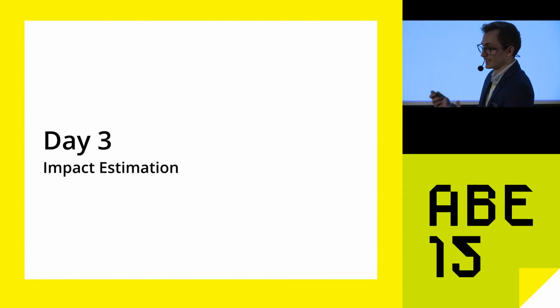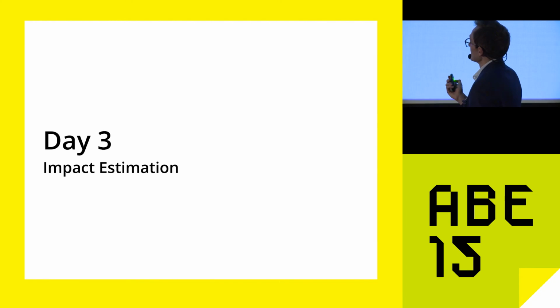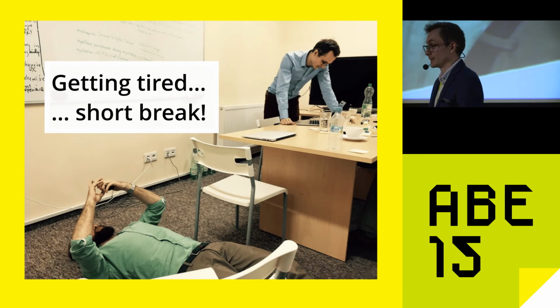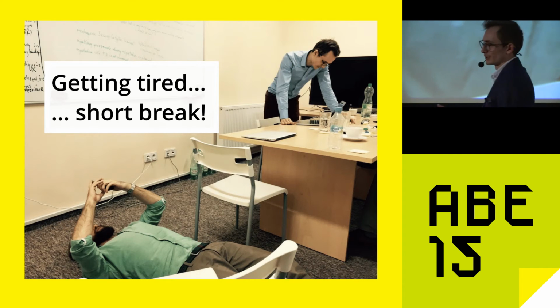And once we have those design ideas, like we should add servers or we should optimize the app, stuff like that, we can put it in an impact estimation table on day 3. So we were already getting a bit tired by then, but we kept going.